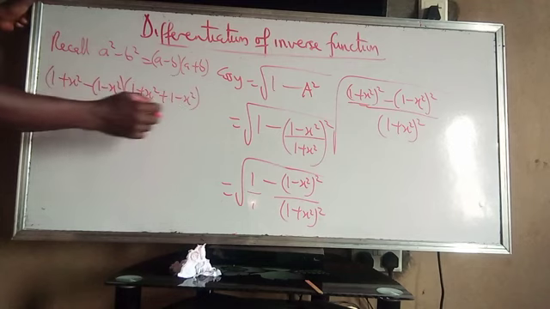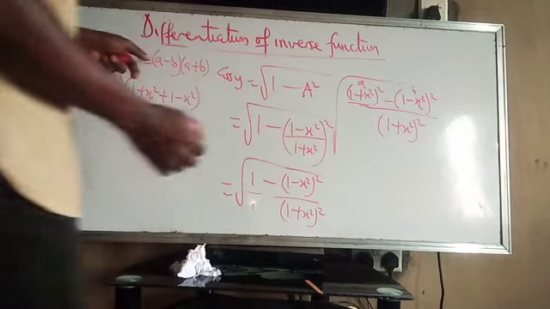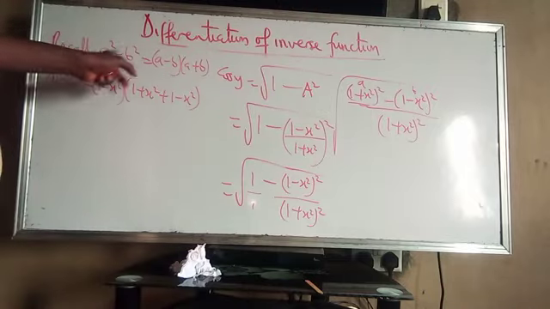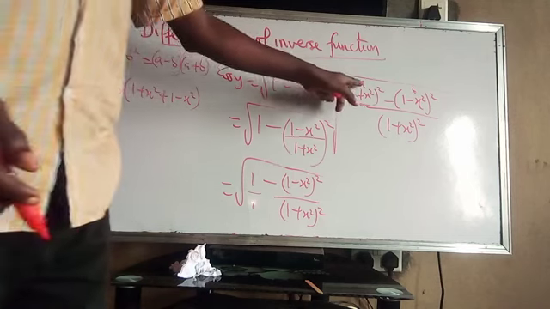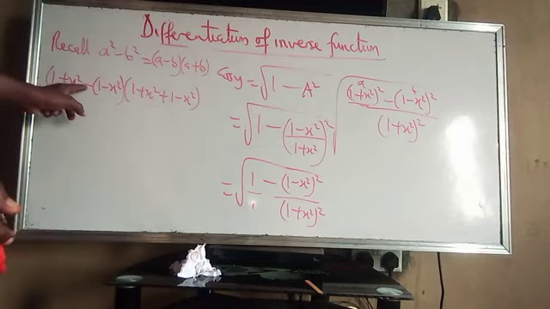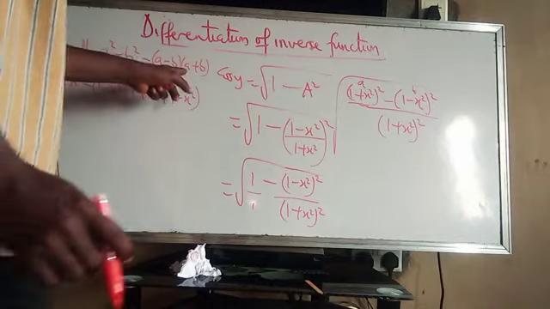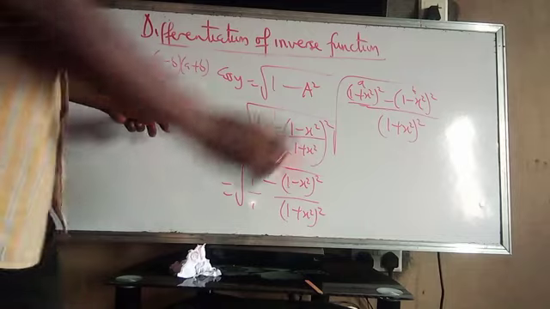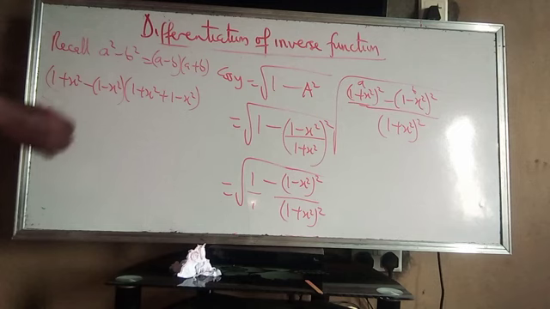I hope you understand what I did there. I assume this one is my a, this one is my b. From the difference of two squares, a squared minus b squared is a minus b multiplied by a plus b. So that's why I wrote 1 plus x squared minus my b here, multiplied by a again, 1 plus x squared, plus my b here, 1 minus x squared. I hope you understand.